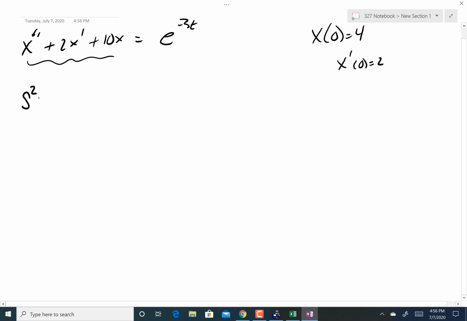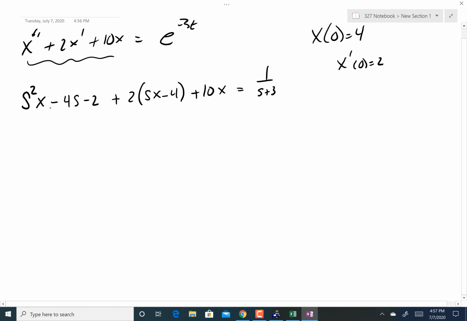So it's going to be s squared x. And for now, I'm not going to put x of s, I'm just going to put x because it saves some time. Minus 4s minus 2 plus 2. And then sx minus 4 plus 10x equals 1 over s plus 3.